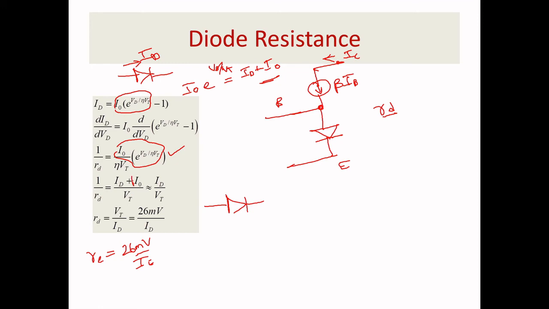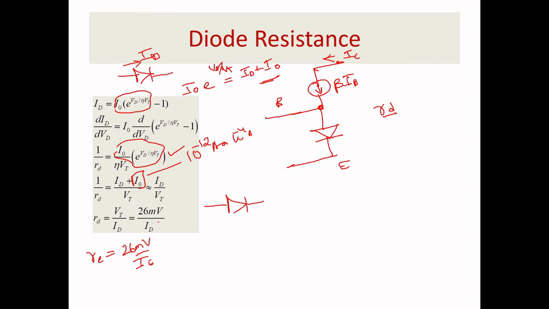You know that the reverse saturation current is very small, something like 10 to the power minus 12 amps or 10 to the power minus 14 amps. Compared to the diode current, it will be very small, so I can approximate it to ID by Vt. Now you have the final equation, that is the dynamic resistance. Dynamic resistance is the AC resistance offered by the diode, that is Vt by ID. Vt is the thermal voltage, which is 26 millivolt divided by ID.